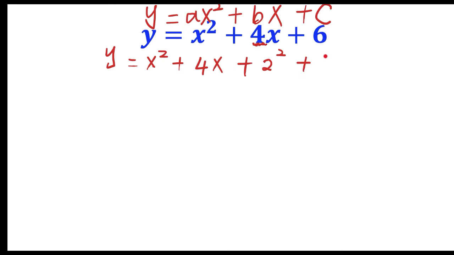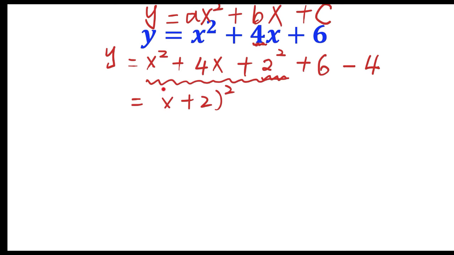So plus 6, and then we actually didn't have this term, so we need to take that away, minus that away. Then we use these three terms, we actually completed the square, which is (x plus 2) squared, and then 6 minus 4, which is 2. So this is the vertex form already.